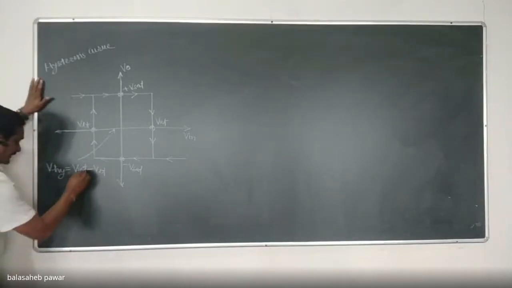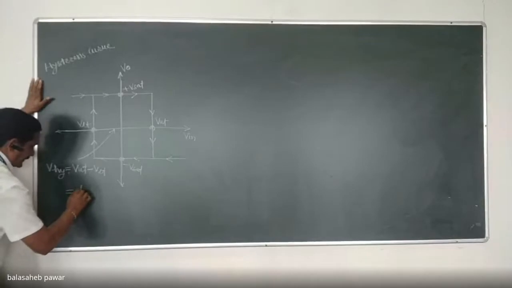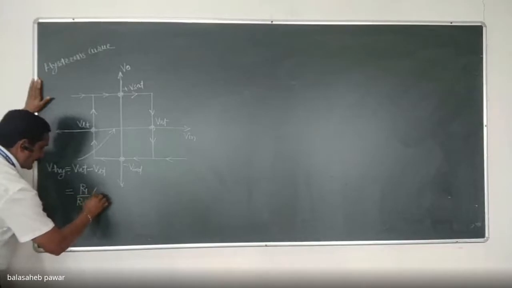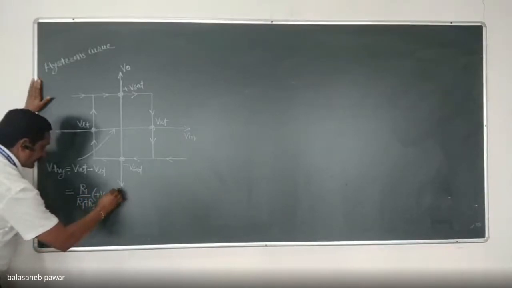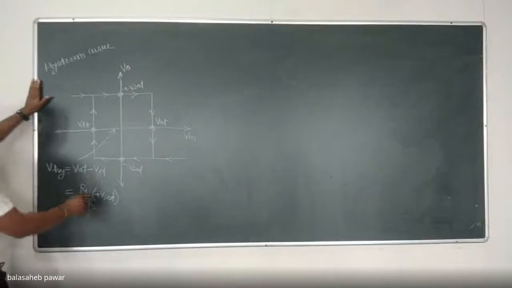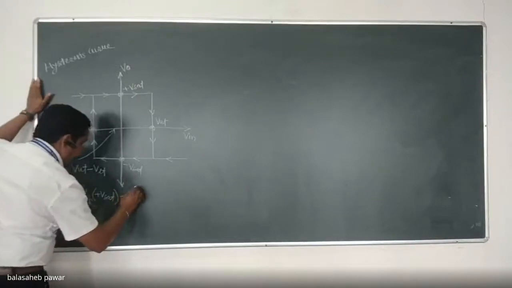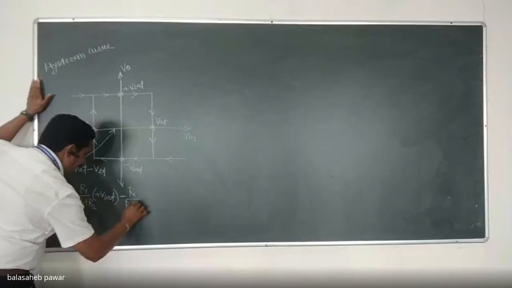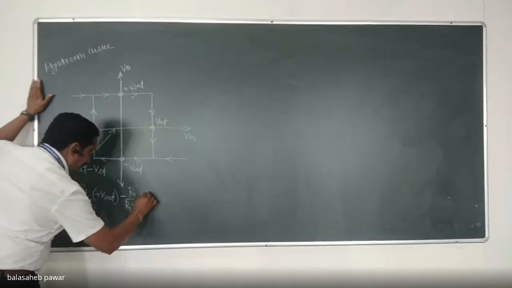And as we know, VUT is R1 divided by R1 plus R2, as per our circuit diagram, into plus VSAT, minus VLT, which is R1 by R1 plus R2 into minus VSAT.